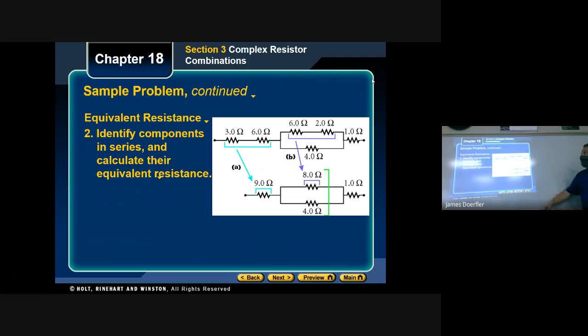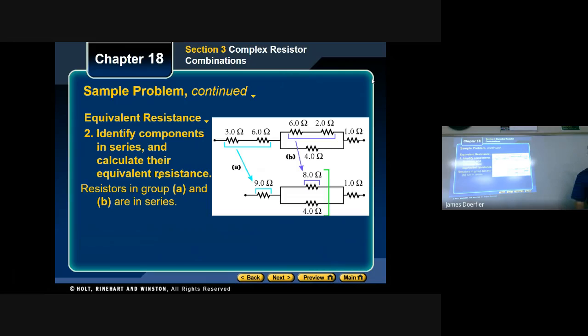But now look what we have here. We have the equivalent resistance here for the 6 and 2, and the 4 ohm resistor. Those are in parallel. So how do we solve that again? We have to take the reciprocal sum.